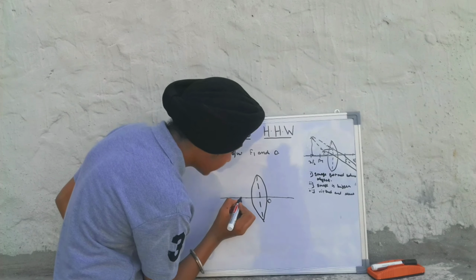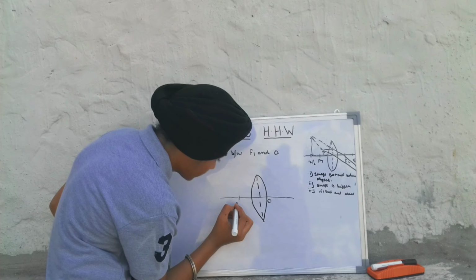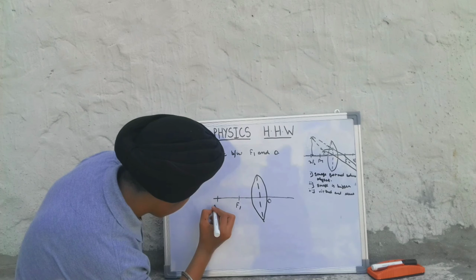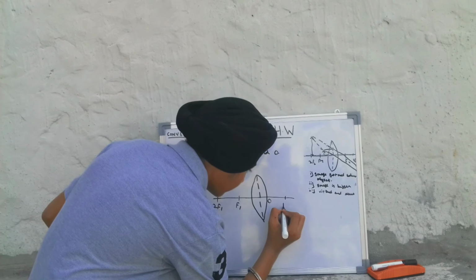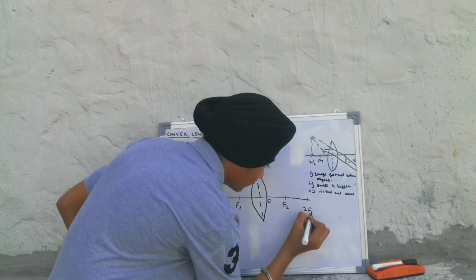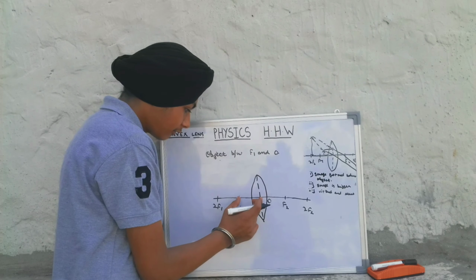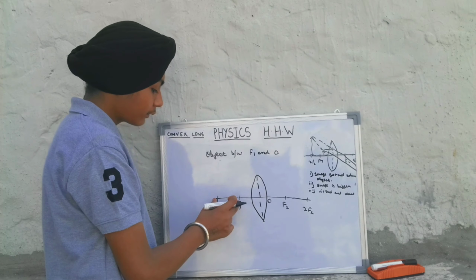This is the optical center. Here our F1 and 2F1. Here F2 and 2F2. Be careful that the distance between F1 and the optical center and the distance between F1 and 2F1 is equal.